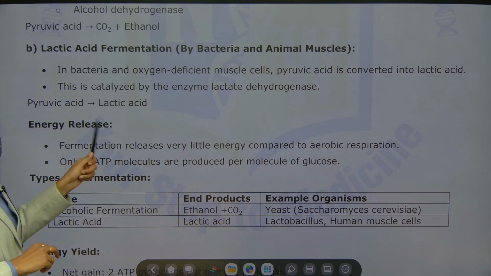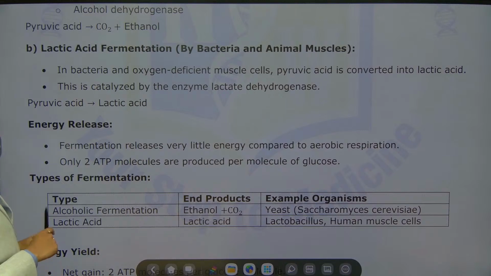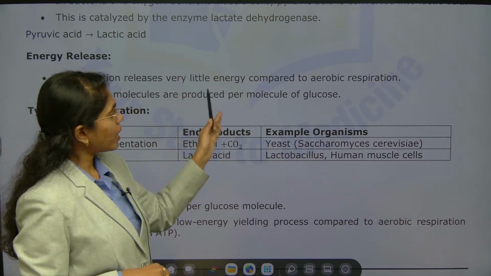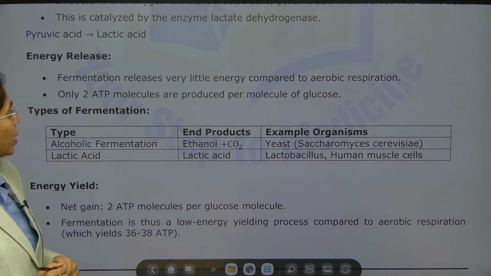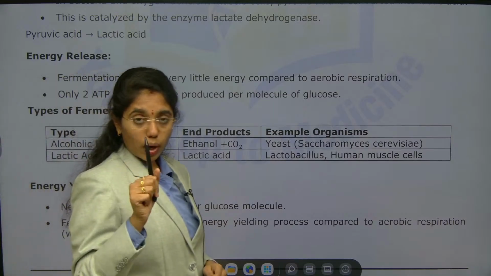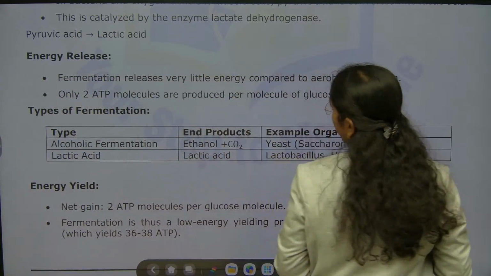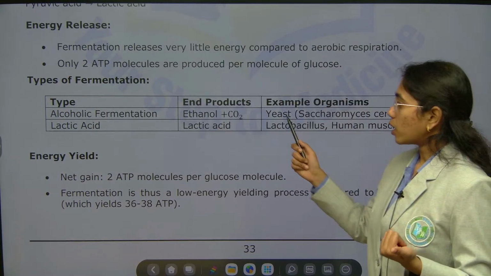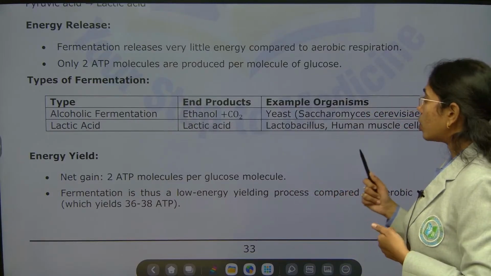Pyruvic acid is converted to what? Lactic acid. Fermentation will release very little energy compared to aerobic respiration. Only 2 ATP molecules are produced per 1 glucose. And here, types of fermentation: alcoholic fermentation and lactic acid fermentation. Alcoholic fermentation gives ethanol and carbon dioxide.